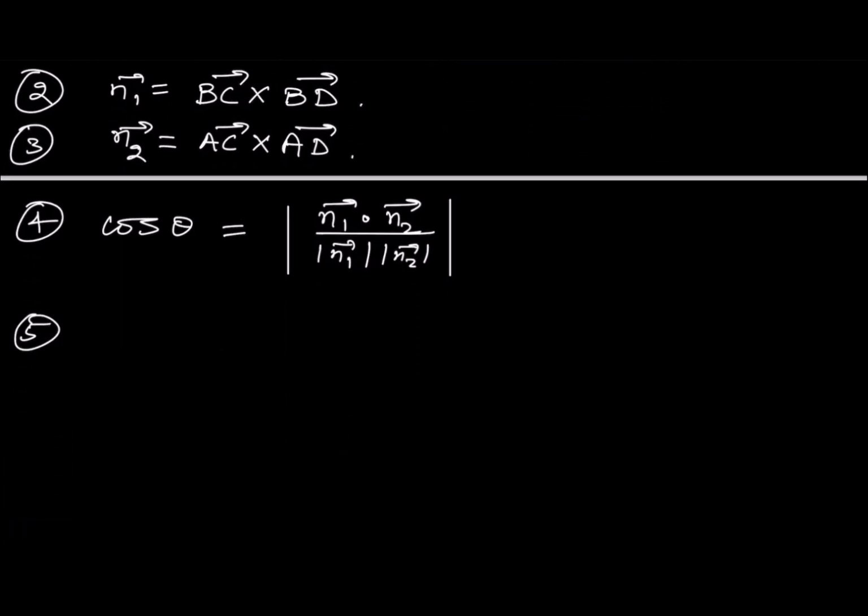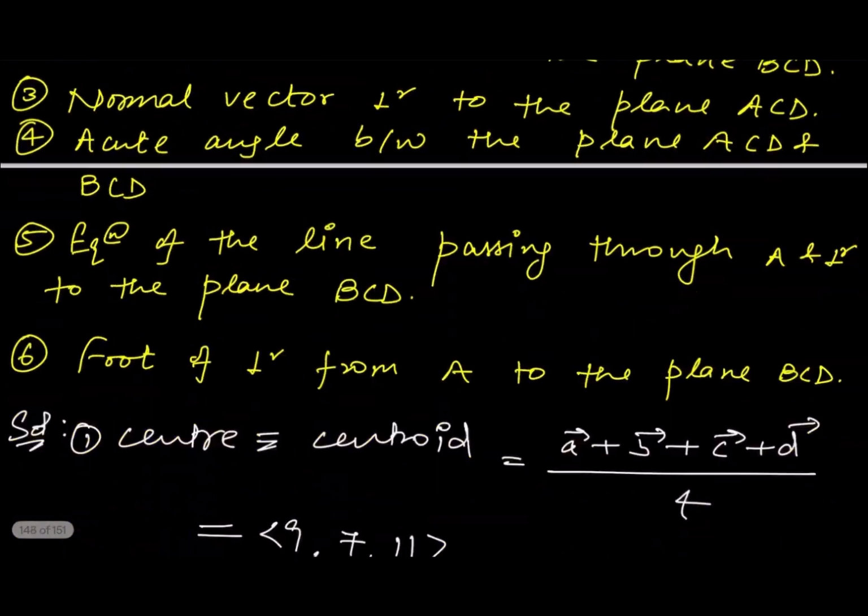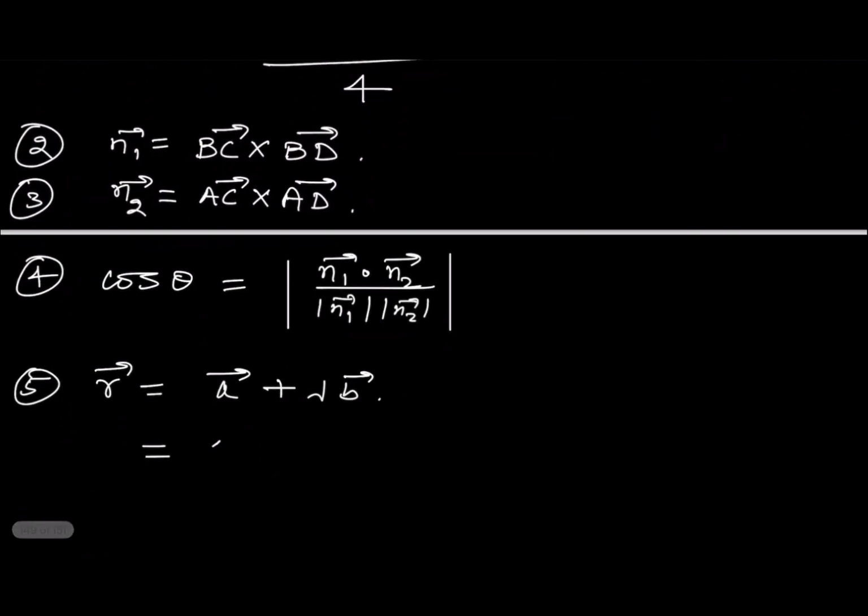So I can say R vector is equal to A vector plus lambda times B vector. Here A vector is 0, 1, 2, and B vector is nothing but n1 vector, because n1 vector is perpendicular to the plane BCD.